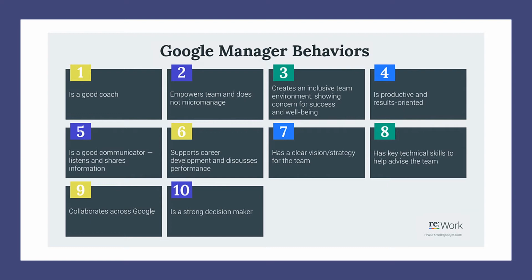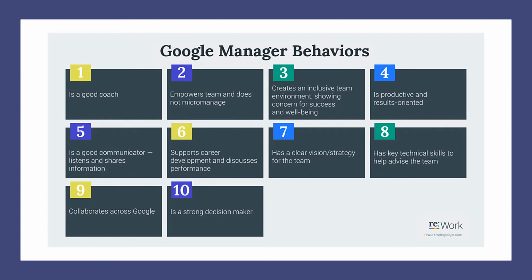The first one being a good coach. Number two, when managers empowered their teams and didn't micromanage their team. Three would be creating an inclusive team environment and showing concern for the well-being of your team.